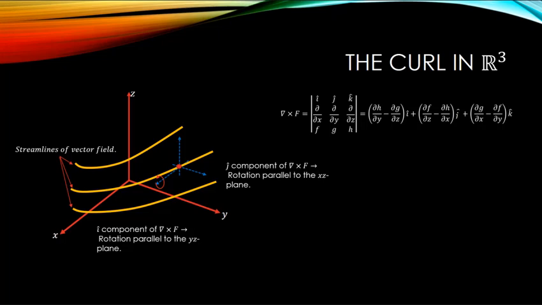The j component of my cross product gives me rotation parallel to the xz plane. This is a rotation that is about an axis parallel to the y-axis. And the k component of my cross product gives me rotation parallel to the xy plane, which is a rotation about an axis parallel to the z-axis.